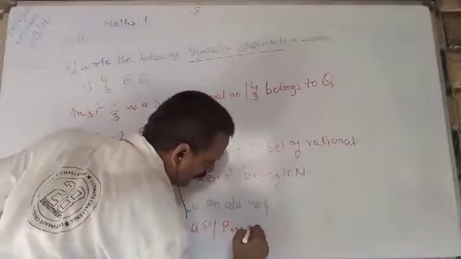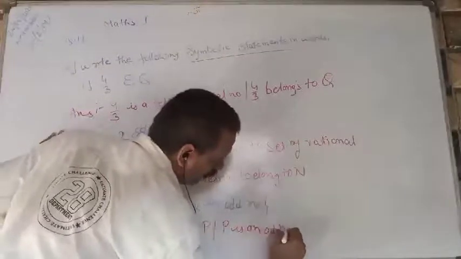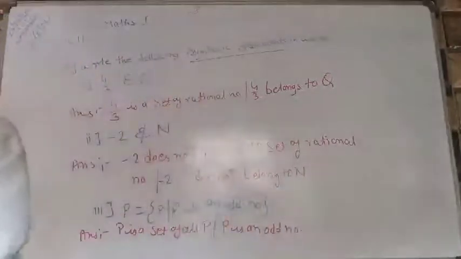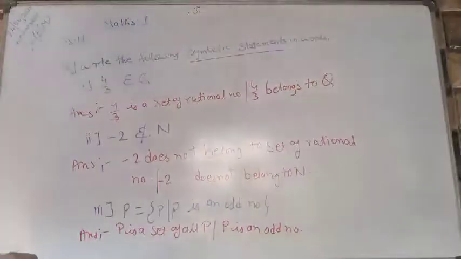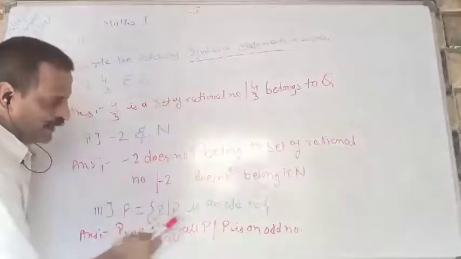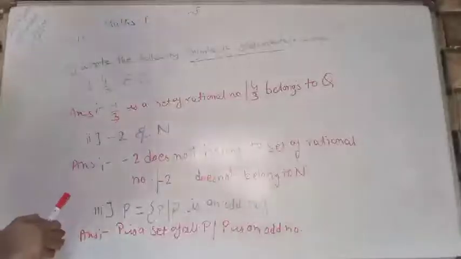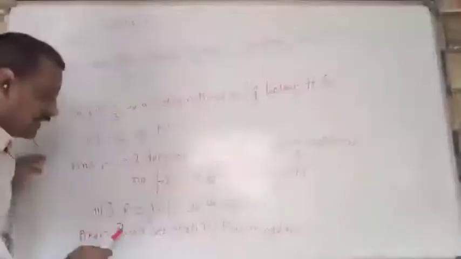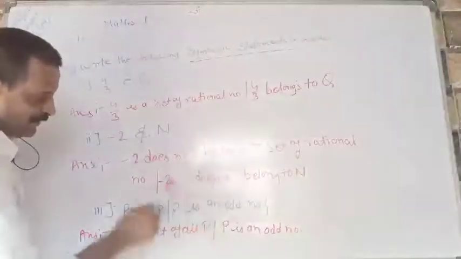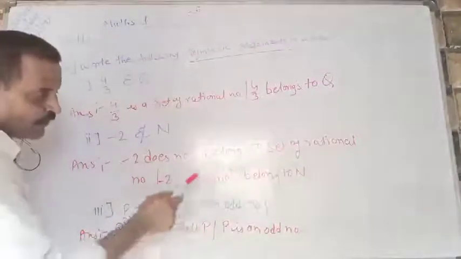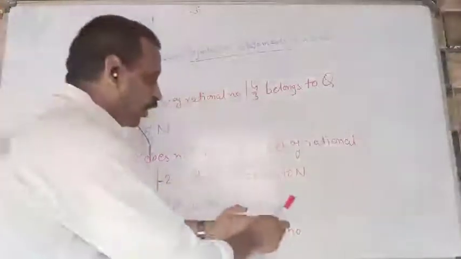So we can say P is the set of all P, such that P is an odd number.